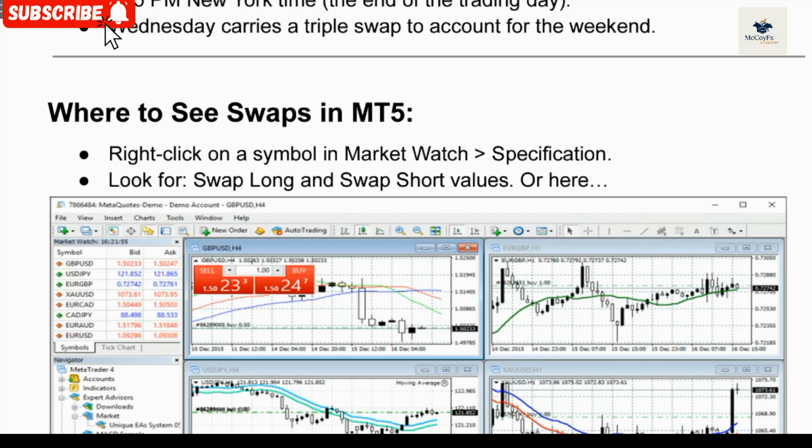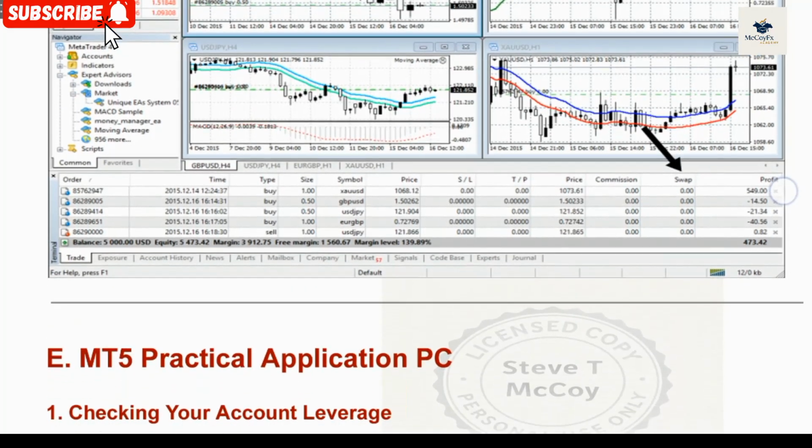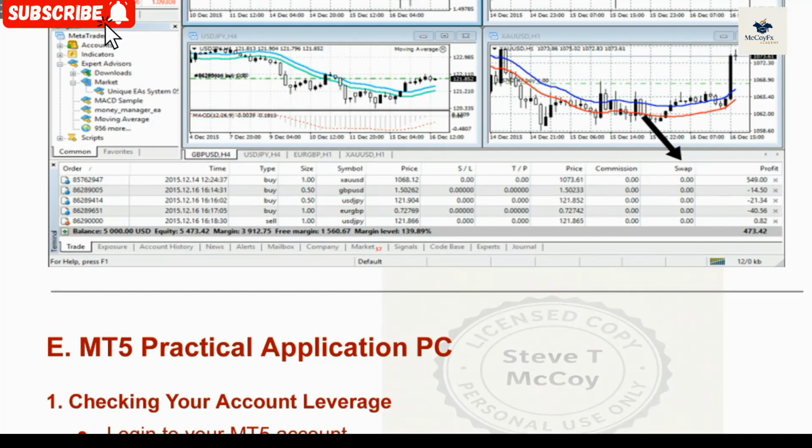Right-click on a symbol in the market watch and open specification. Look for swap long and swap short values, or here. When you look at the diagram, you will see where the arrow is pointing. That is where you see your swap on the MT5 desktop.